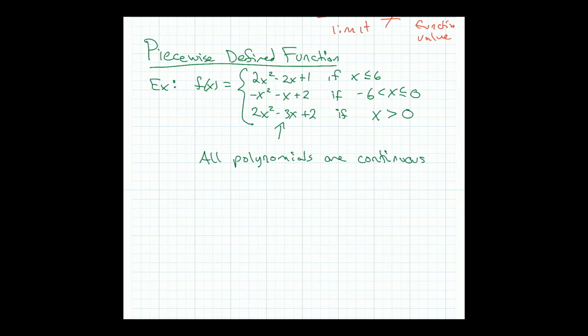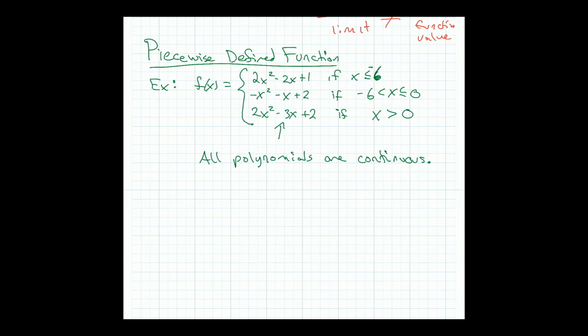So the only places that this piecewise defined function might not be continuous are the places where it switches from one function to the other function. This should have been -6, by the way. So it might not be continuous at -6, and it might not be continuous at 0, because those are the 2 points where it switches functions.